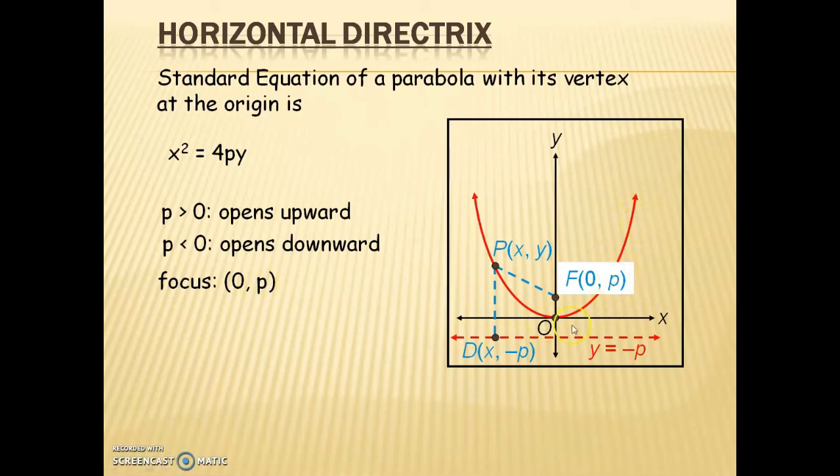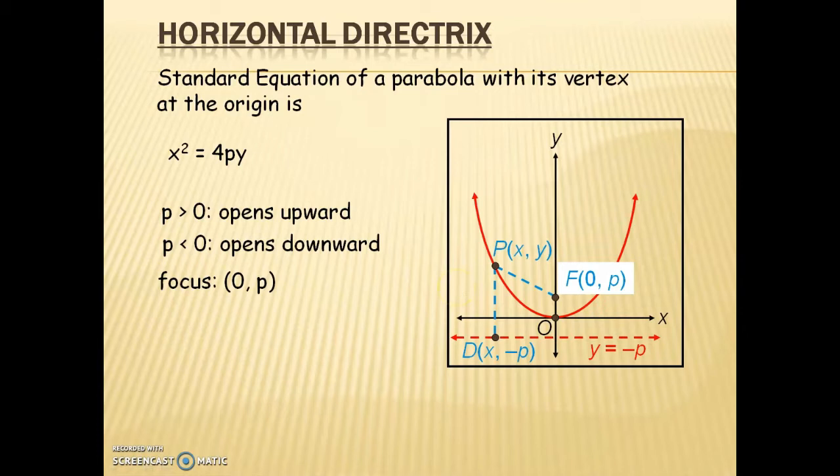Because if the parabola opens upward, the focus is located above the vertex. But if the parabola opens downward, the focus is below the vertex. So if the parabola opens downward, the focus is located at (0, -p).